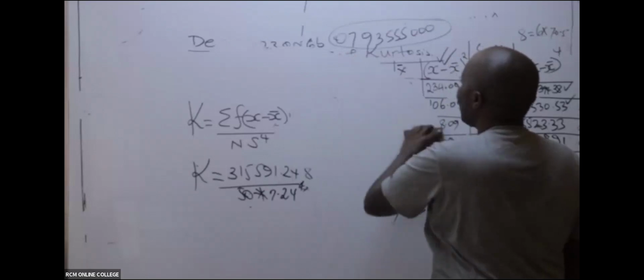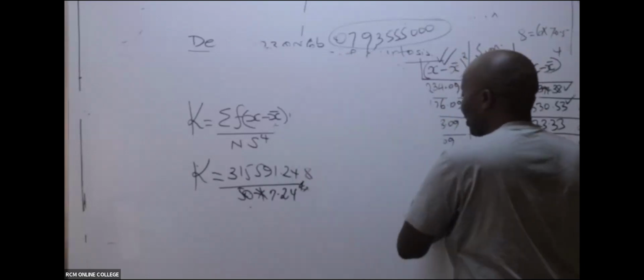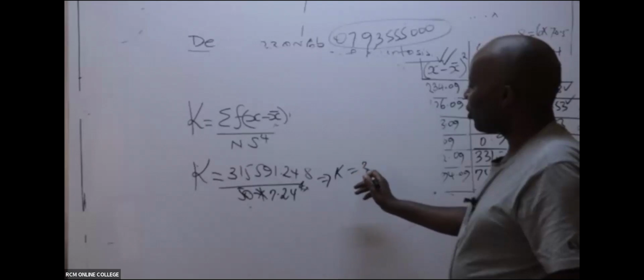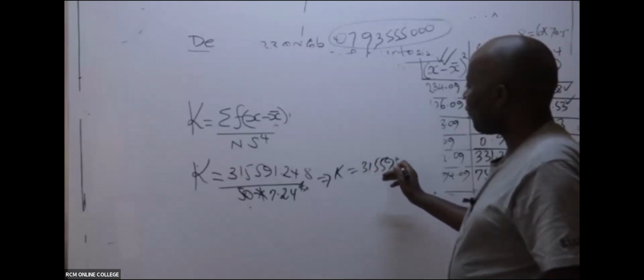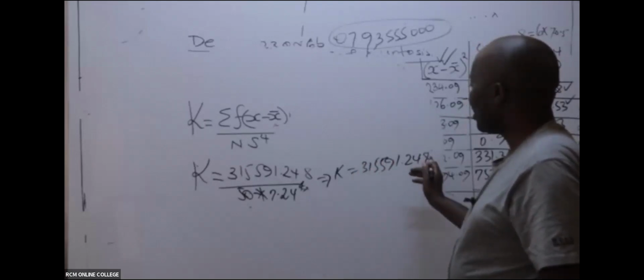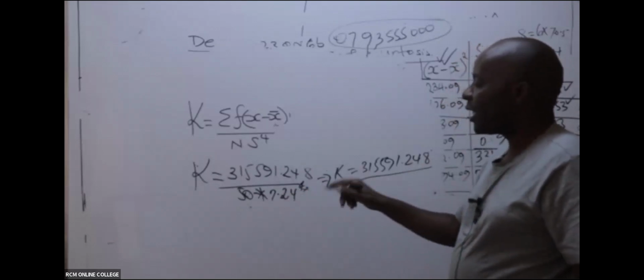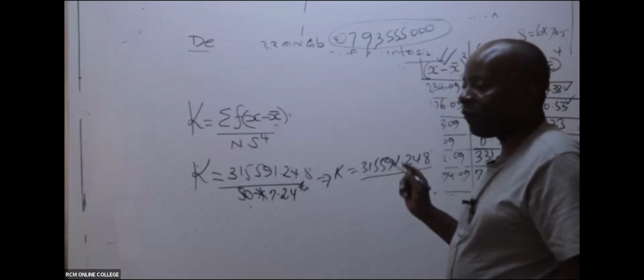So first of all, take care of your denominator here separately. So come and tell me that K will be equal to 315,591.248. We divide this by 50 times this. So say 50 times 7.24 raised to power 4.